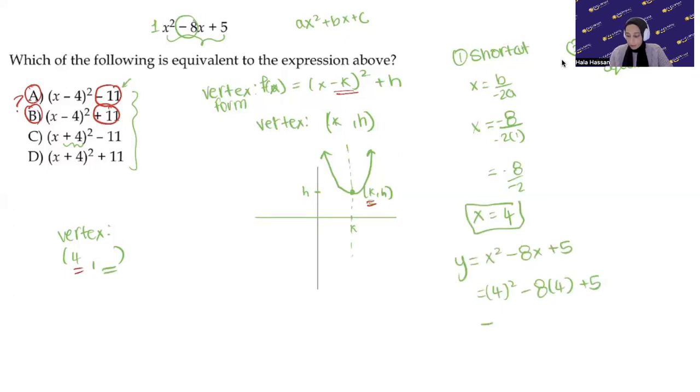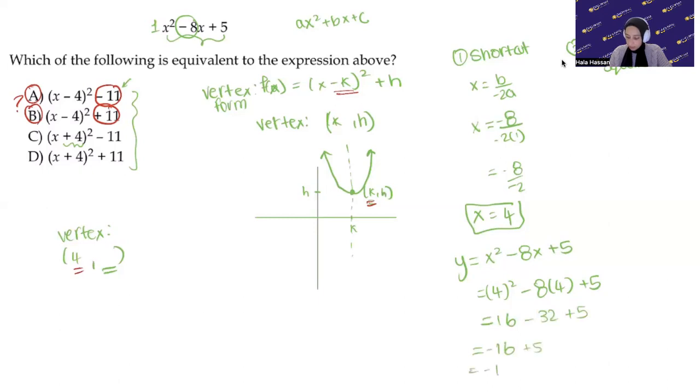Now we can simplify this further. We have 16 minus 8 times 4. What is that? All right, perfect. So 32 plus 5. Okay, I do like to test your mental math. Make sure that you work on it, because when you're doing these things, it's really nice when you can do it really quickly. All right, 16 minus 32, that's negative 16, plus 5.